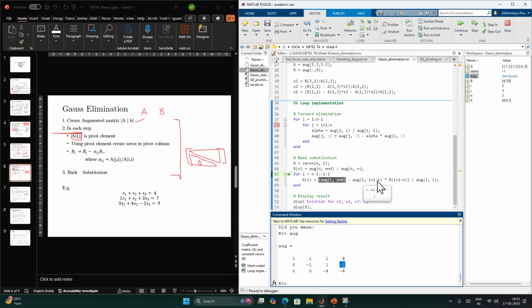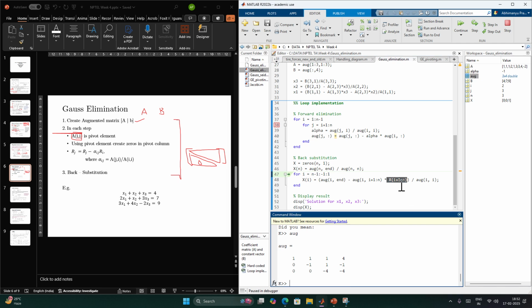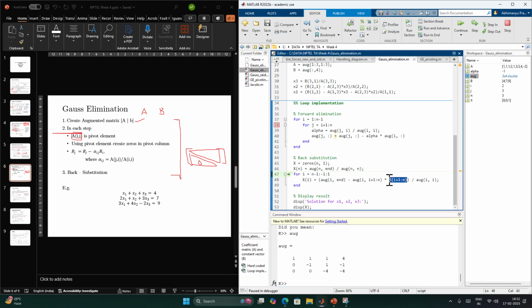So this is like my I is 2, and 2 to 3. So I'm getting this part. And I'm multiplying it by x from the second element to the last element. So if I take this, this part would be 0 comma 1.